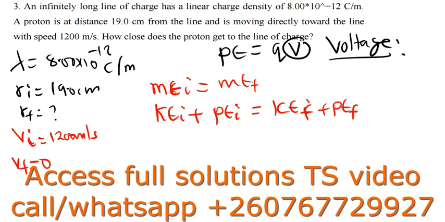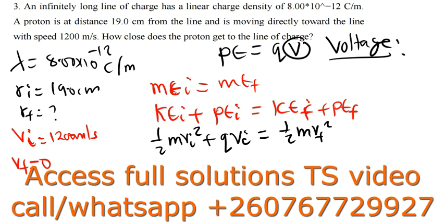Now one thing we have to remember is that kinetic energy is always half m v initial squared. The potential energy we're talking about here is not m g h, where we say mass times gravity times height, but it is the charge times the voltage. So I'm going to say the charge times the voltage initial. Then on the other side it is half m v final squared plus the charge times the voltage final.